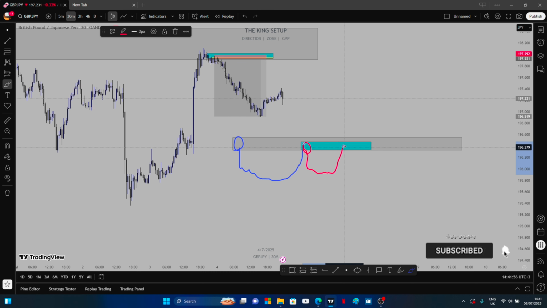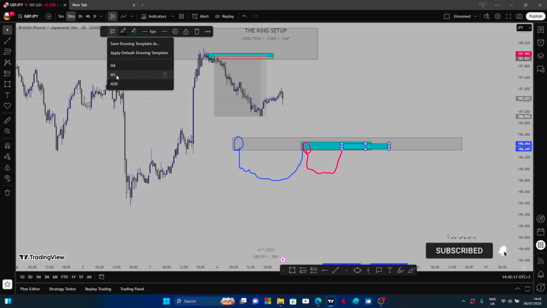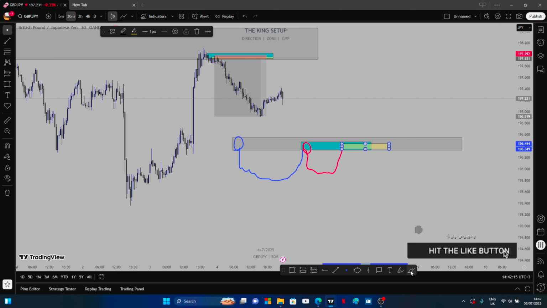When the market gets back inside the M30 zone, we will be switching to M5. And inside this M30 zone is where we will be looking for the M5 zone. The yellow zone is the M5 zone.